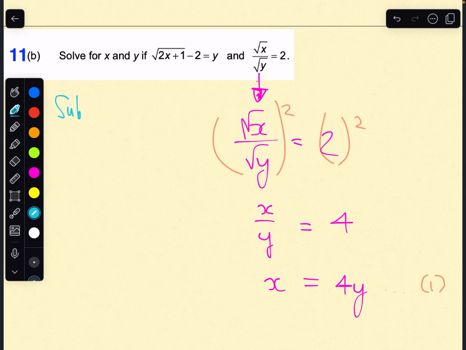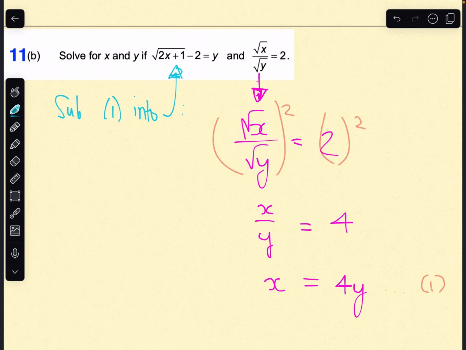I'm not really doing a good job of writing this neatly, but I'm in a rebellious mood, what can I say? So we sub equation 1 into that one, and that'll be the square root of 2 times 4y, plus 1, minus 2 is equal to y.